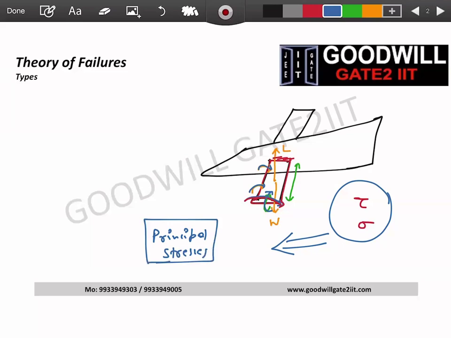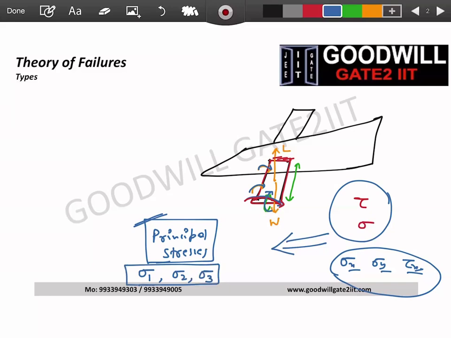Whatever you have, some sigma x, some sigma y, or maybe sigma z or tau xy, any kind of stresses, you can combine all those stresses into what are known as principal stresses. If you recall your basic elasticity, it is sigma 1, sigma 2, and if it is a 3D body, sigma 3.